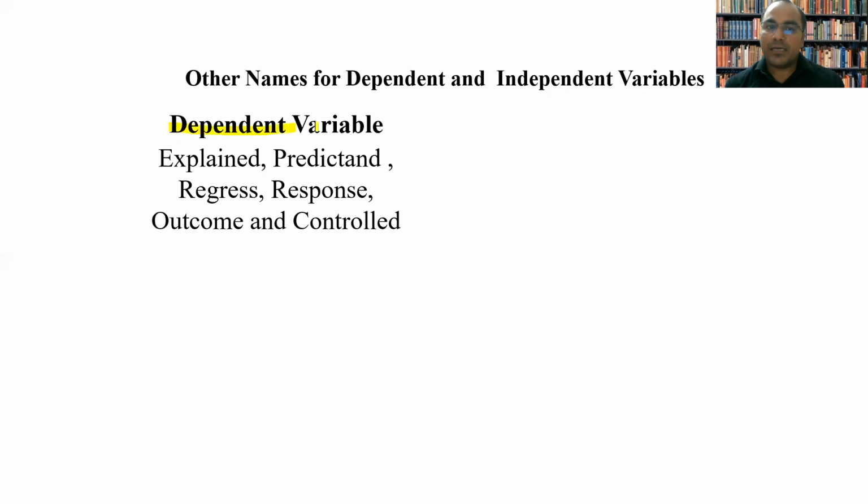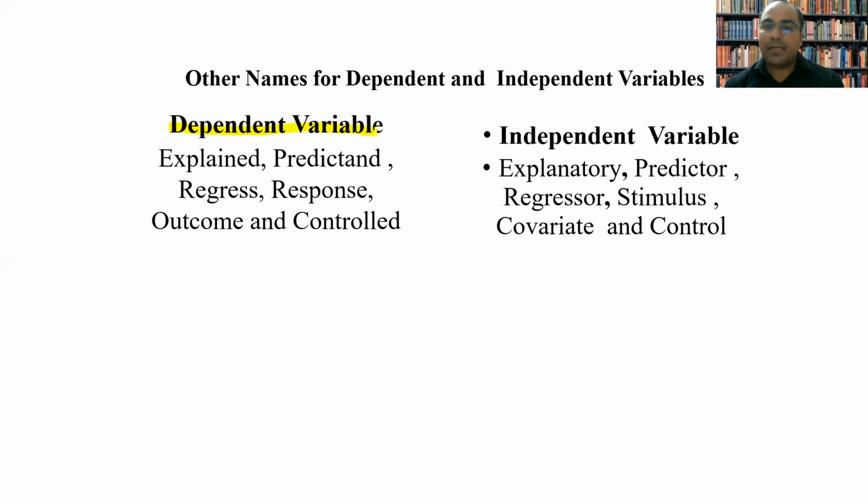These are the other nomenclature of the dependent variable. And the independent variable is also known as explanatory variable, predictor variable, regressor variable, stimulus variable, covariates, and control variable.